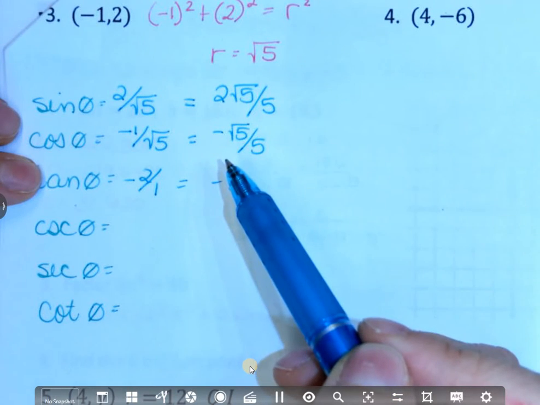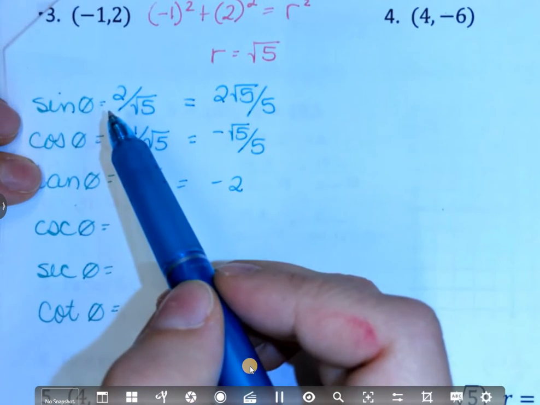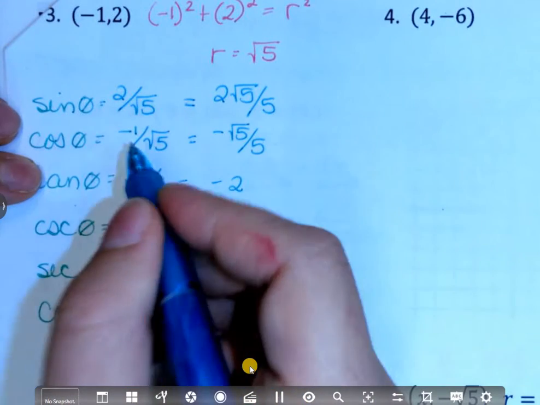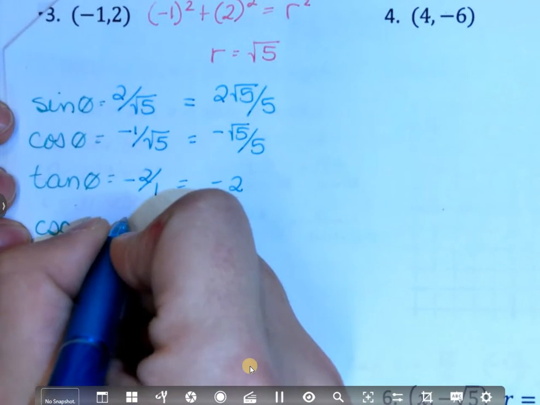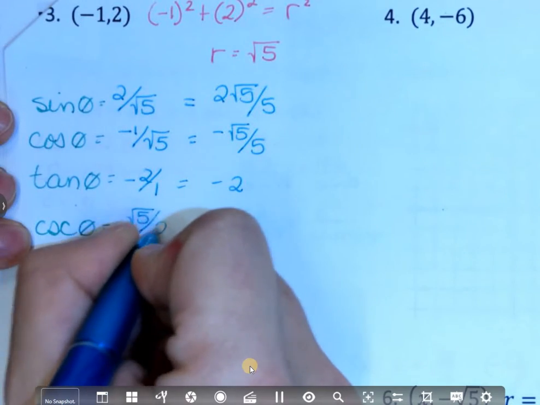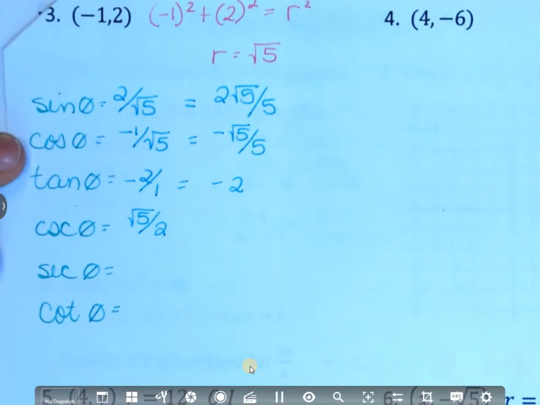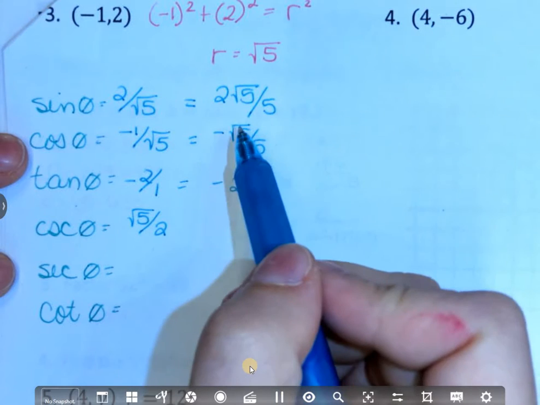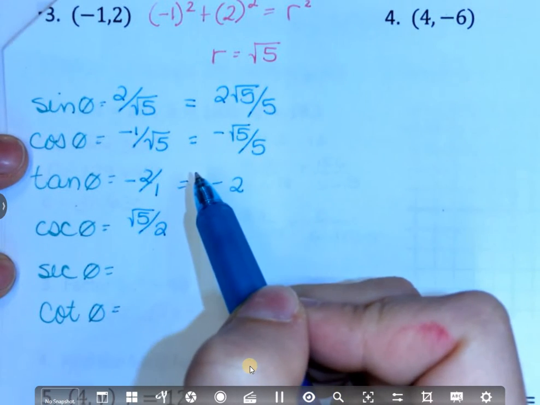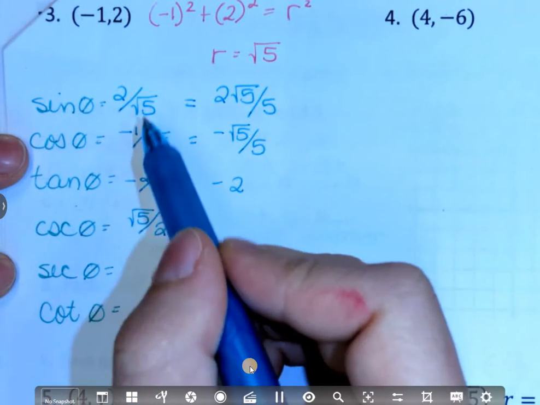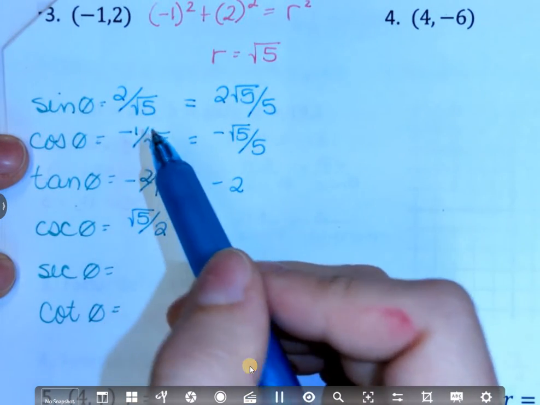Do you understand what I'm saying? It's a lot less work to just think, oh, I'm going to flip this. So then the cosecant would become √5/2. This to me is a lot more work because you'd have to do the reciprocal, rationalize, simplify. But if you're going with that guy, it's a lot easier.